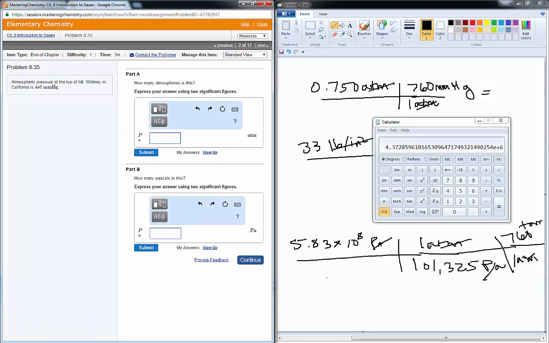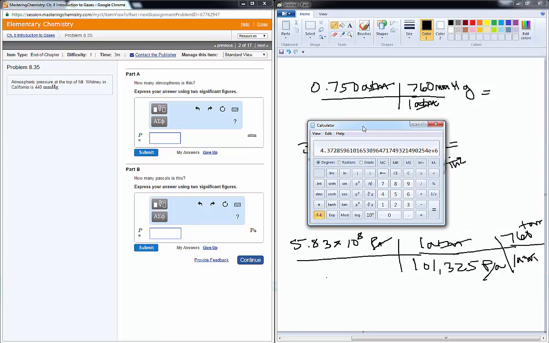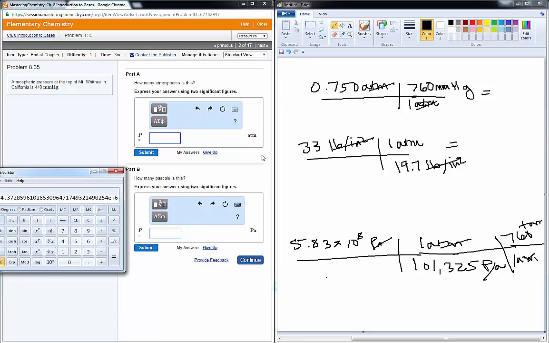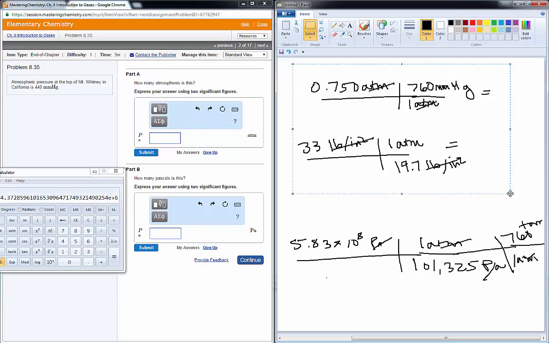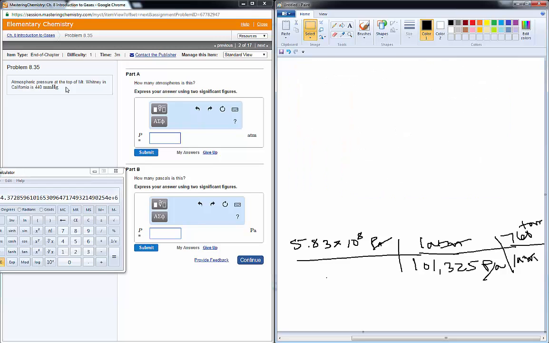Excellent. All right. This next problem is just more of the same, but it doesn't give you those conversion factors, but here they are. We still got them because we just did those. So this first question is asking to convert from millimeters of mercury to atmospheres. So we're going to use that same conversion factor, 760 in 1 atmosphere. Again, I'll give this to you on the exam, so you don't have to have them memorized.